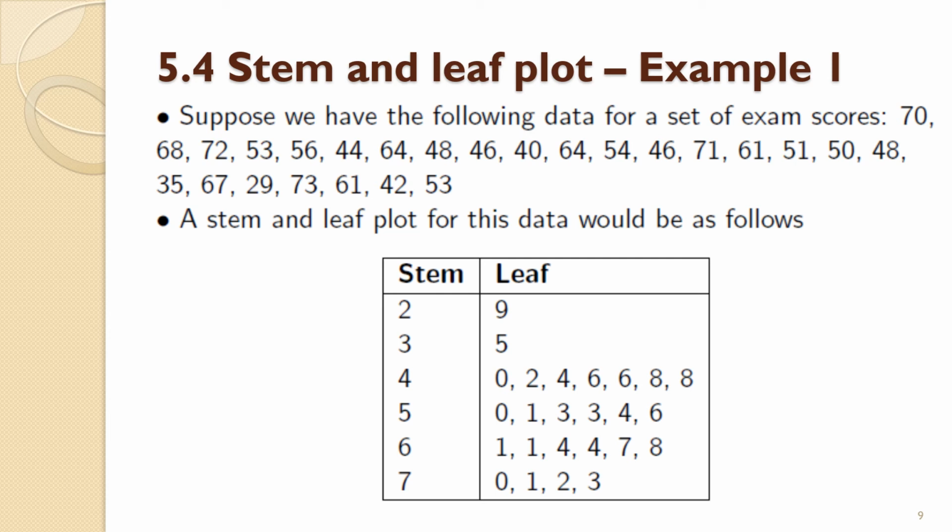Here's an example, a stem plot for some scores. The plot for this data would be shown in the table. It is a little bit of an overly simplistic example, but hopefully you can see in the table you get some sense of the shape of the data, and an idea of how the data fits within each category.